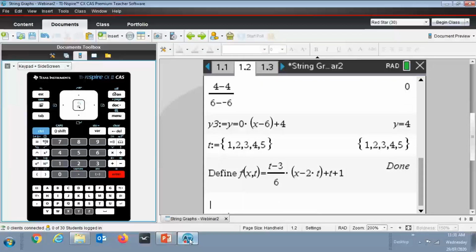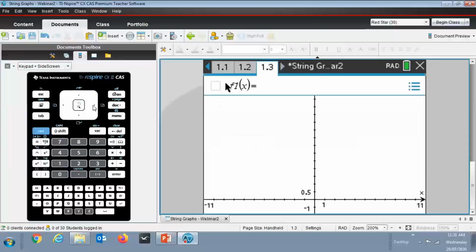Now I've chosen to put this graph on a completely new page, another graphs page, and that's the 1.3 that's up here. I'm already on page 1.2, so I go to Control right to get to 1.3. I set out the axes to change the settings so that we're -11 to +11 along the x-axis, but we're all ready to type in our function. We have f, open brackets, x comma t.